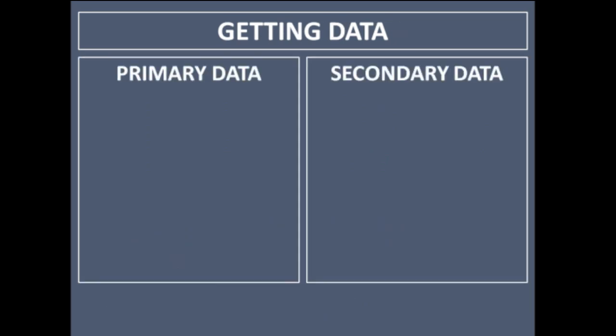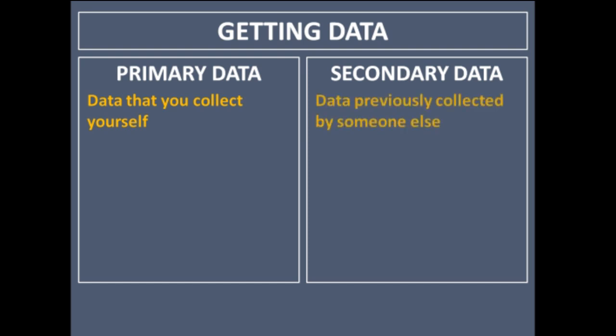We have two methods of data collection that we will talk about. There is primary data and secondary data. Primary data is data that you actually go out and collect. With secondary data, you're using data that's already been obtained by somebody else.